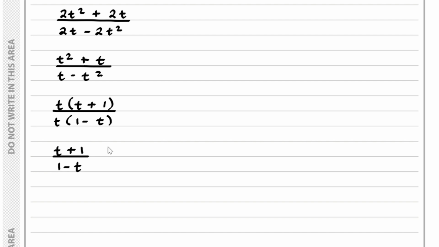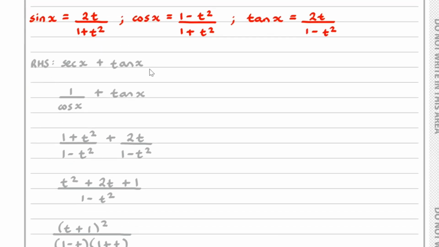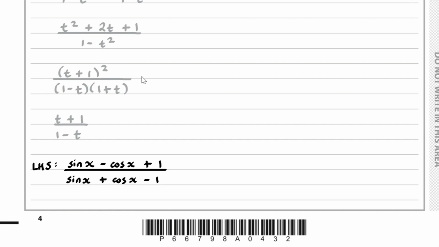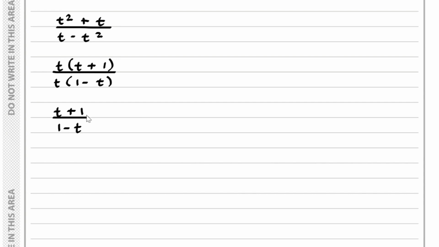Now we want to somehow get from here to the final step of sec x plus tan x. And we are at this stage, so all we need to do is work backwards. Now this line is equivalent to this line, so t plus 1 over 1 minus t is equivalent to t plus 1 squared over 1 minus t lots of 1 plus t.